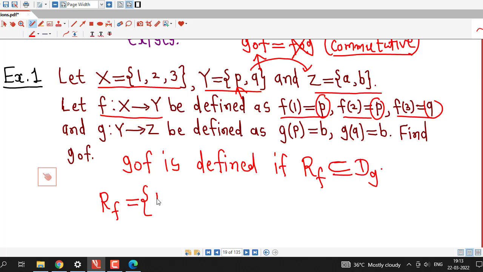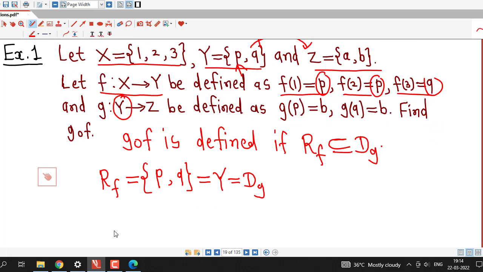So range of f is the set of images under function f, which is the set {p, q}, and the domain of g is set Y. You can see {p, q} is nothing but set Y itself. So this is equal to domain of g. Therefore range of f and domain of g are equal. So g o f is defined, and g o f will be a function from X to Z.